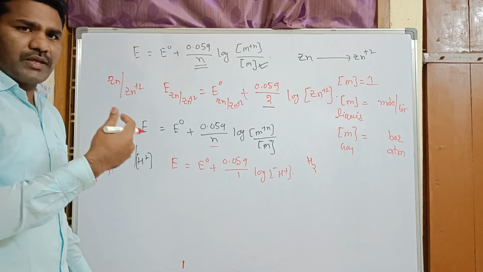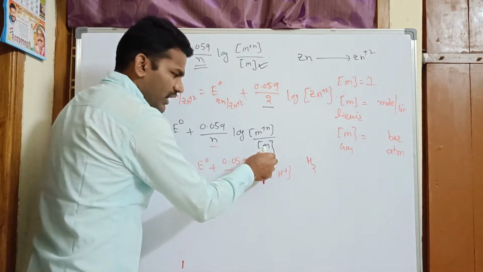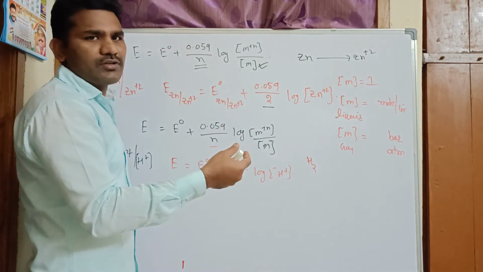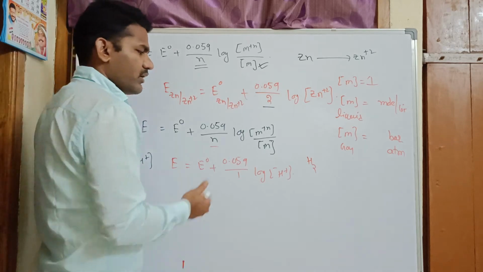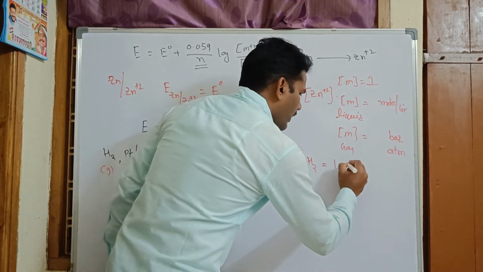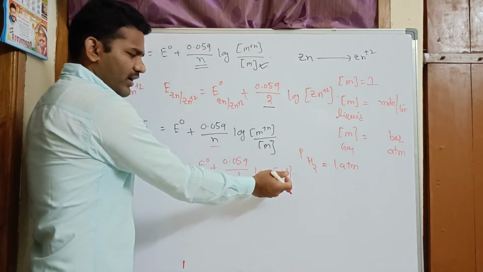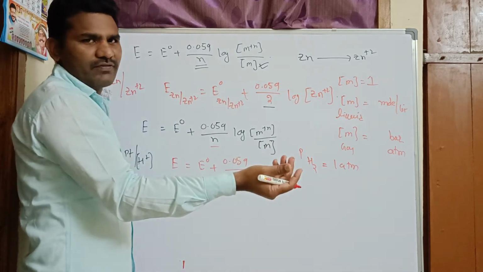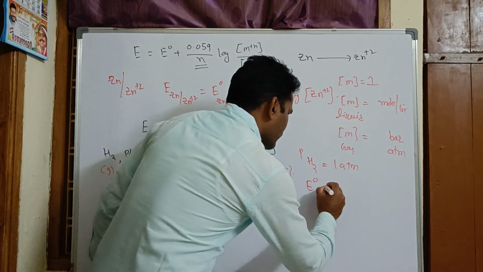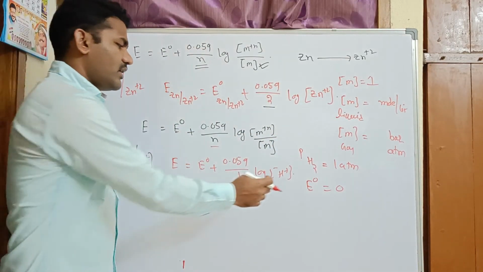So whenever hydrogen is present in the gaseous state, I have to express its concentration in terms of atmospheres. For the standard hydrogen electrode, the pressure is taken as 1 atmosphere, so whether or not I write 1, nothing differs. Then I also know that the standard electrode potential of hydrogen is 0.